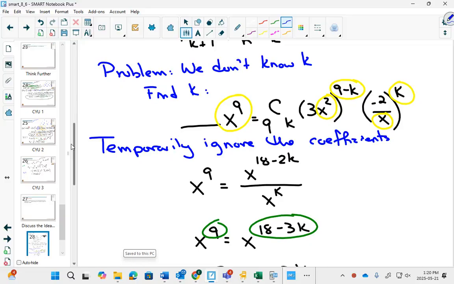If I guessed 5, do you see that this 9 minus 5 would be a 4? And you would have x squared to the 4, which would tell you if k equals 5, then you would get x to the 8 on the top. And if this was a 5, I would get x to the 5 on the bottom, which tells me I would get x cubed. What do I want? I want x to the 9.